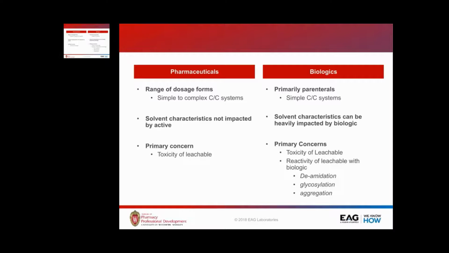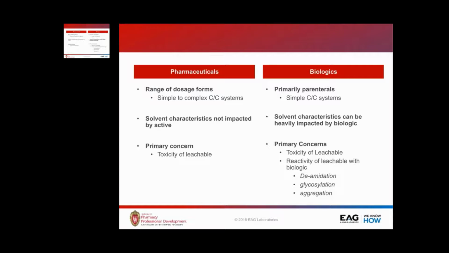There have been numerous cases where a leachable has caused deamidation, glycosylation, aggregation, and a variety of other issues with biological products. Unfortunately, there's no real good way to predict when a leachable may or may not react with a biologic, so a lot of these are found after the fact when we've noticed it. But it is important, and sometimes you can minimize the risk by starting the studies earlier to understand if there is going to be potential for that type of interaction.